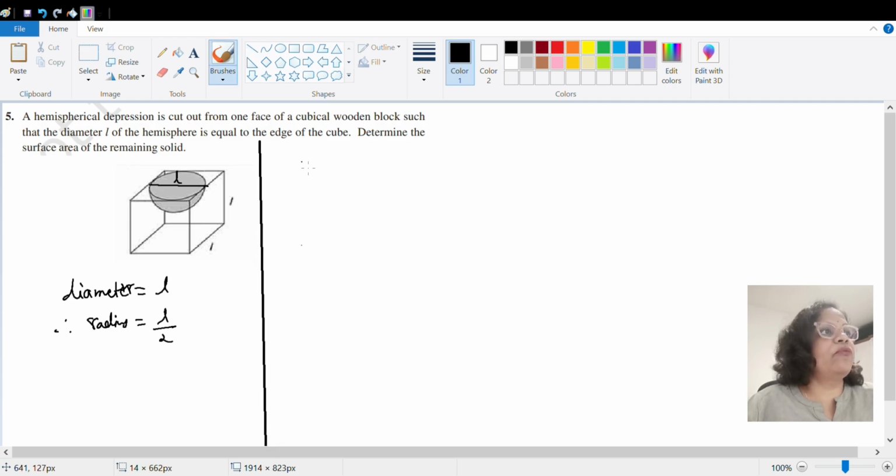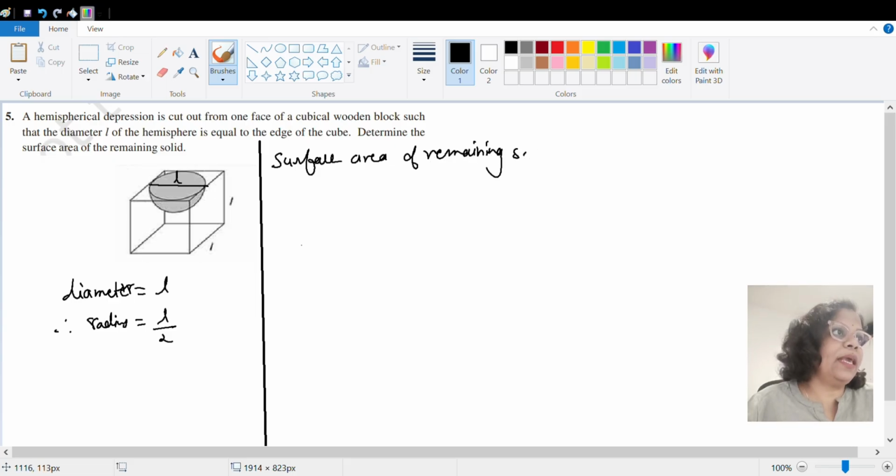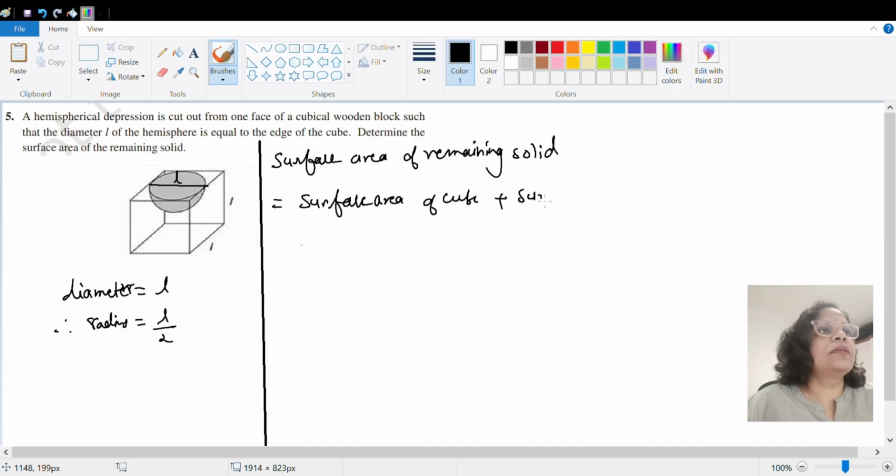So you have to write the formula: surface area of remaining solid will be equal to surface area of cube plus surface area of hemisphere.